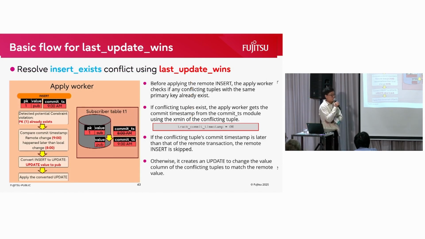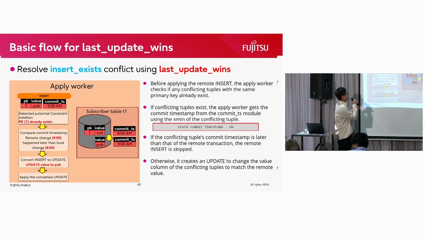Taking last_update_win as an example, let's see how it resolves the insert_exists conflict. As shown in the diagram, in the logical replication apply worker, before applying the remote insert, the apply worker checks if any conflicting tuple with the same key exists.